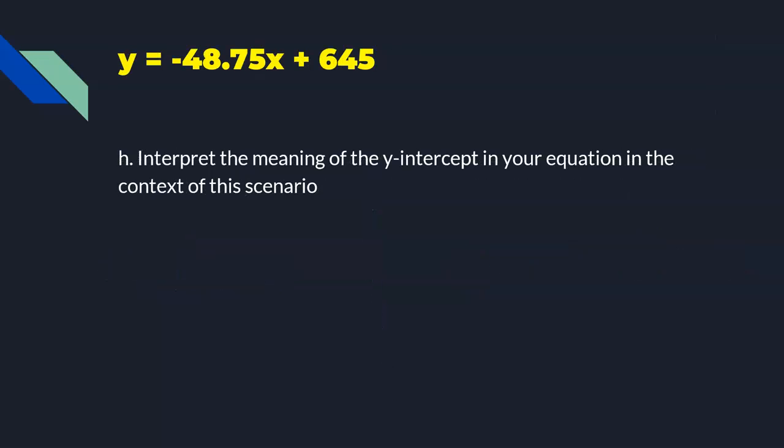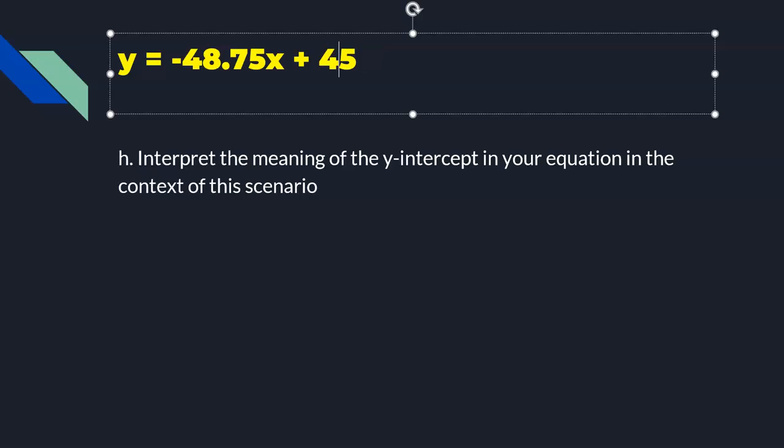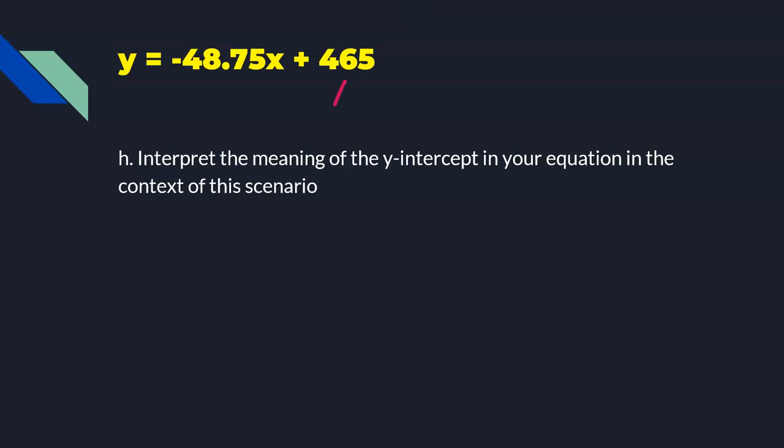Letter H, interpret the meaning of the y-intercept in your equation in the context of this scenario. So y-intercept, that is when the line crosses the y-axis, that is when x is 0. So meaning at the beginning, the measurement was 645. This should be 645 milligram of contaminant per milliliter, because that is the y-intercept.